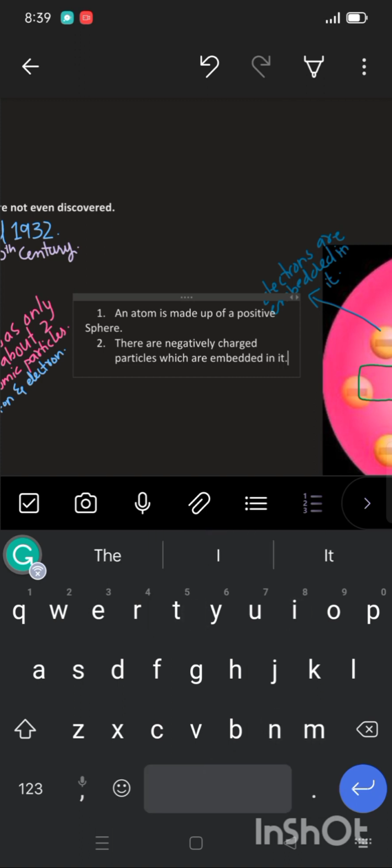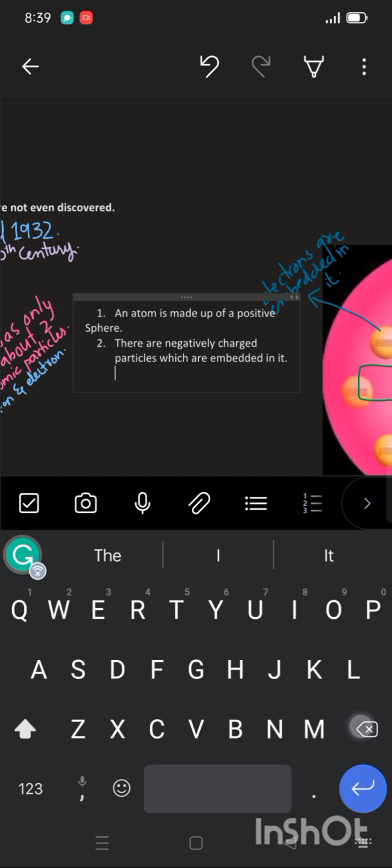So the second point of his atomic model was there are negatively charged particles, and we know that negatively charged particles are electrons, right? So there are negatively charged particles which are embedded in this entire positive surface, right?